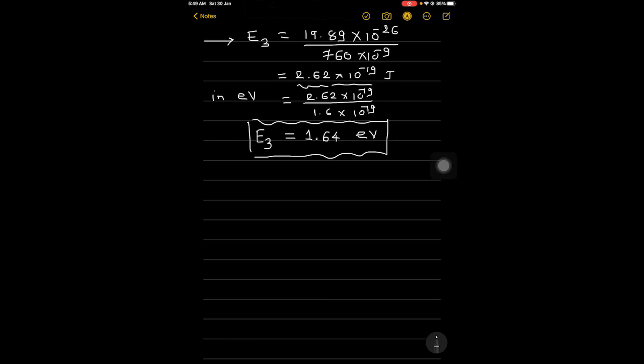Now the second question is interesting. They have asked: from which of the photosensitive materials with work functions listed in table 11.1, and using the results for energies E1, E2 and E3 of part A, can you build a photoelectric device that operates with visible light?